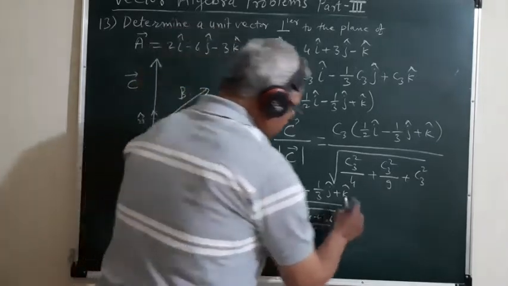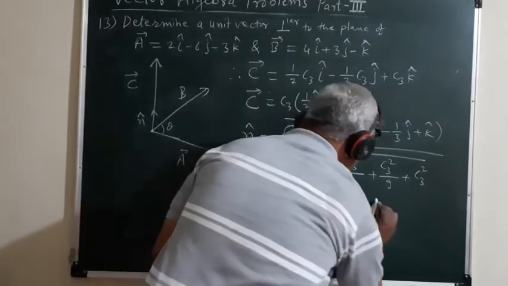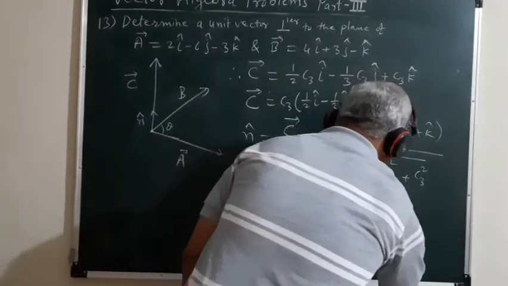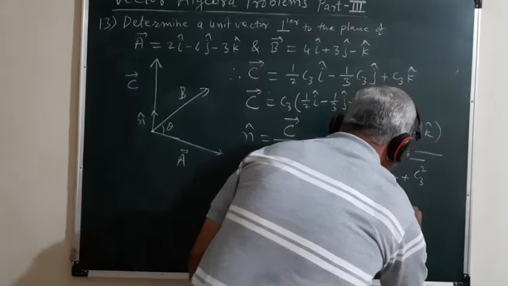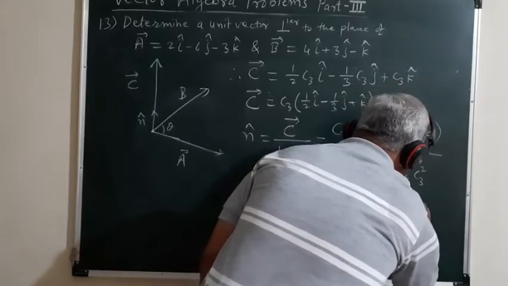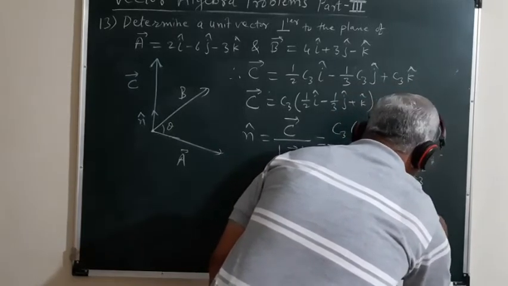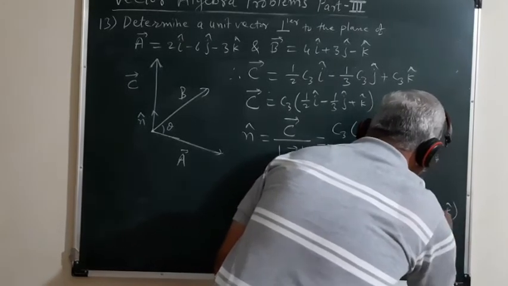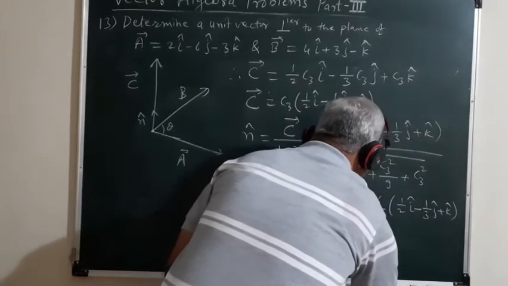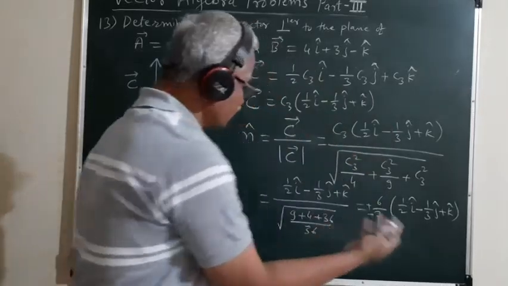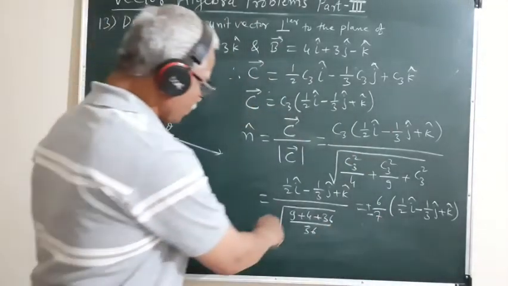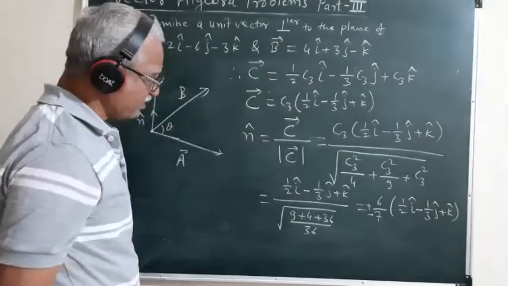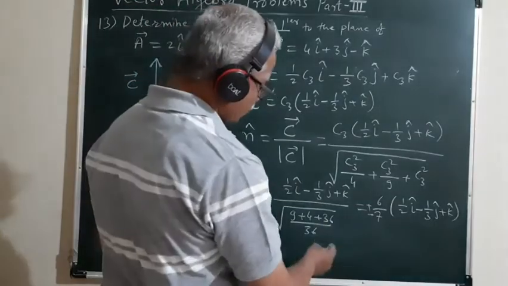So this will be 6 by 7 into bracket 1/2 i cap minus 1 by 3 j cap plus k cap. So this will be plus minus because it is the square root. So the square root of 49 by 36 will be plus minus 6 by 7 in the numerator.